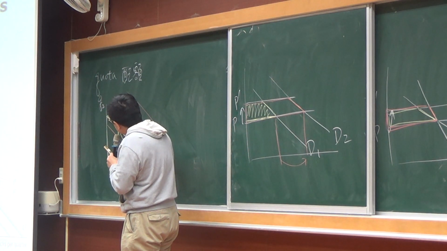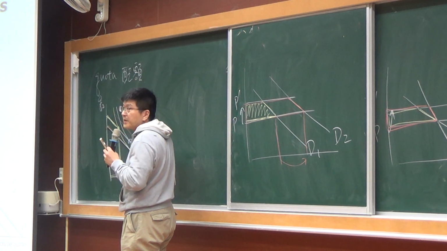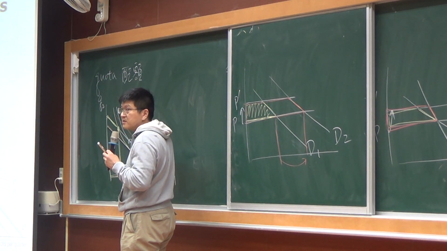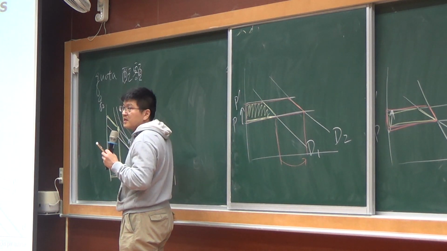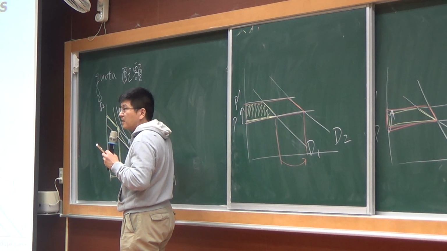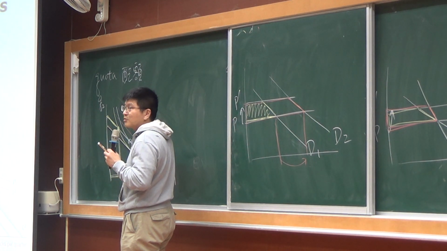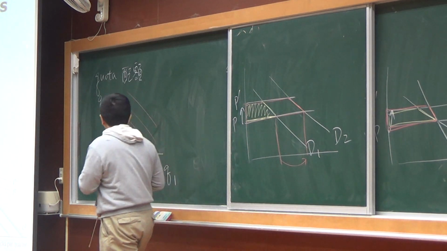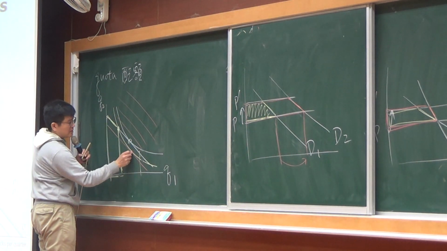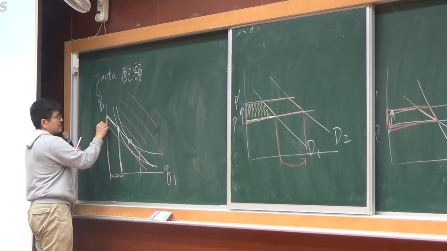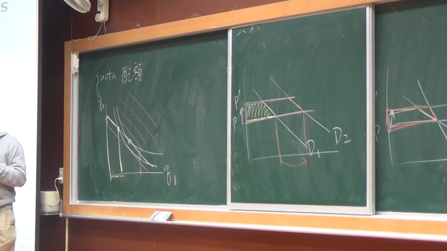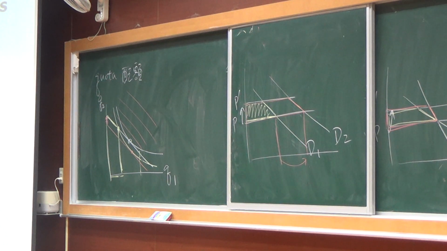So you may take some money from me, but not implement the policy, so that I will feel as if the policy had been implemented. Okay? So this part would be the largest amount, the maximum amount of money you may take away from me.